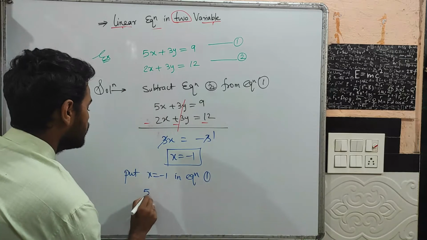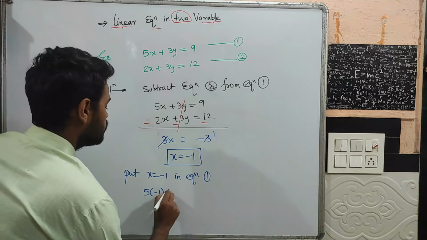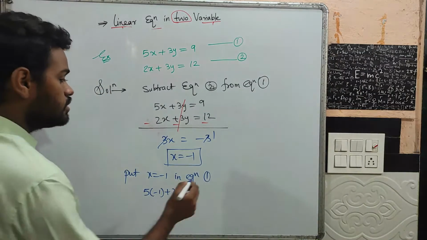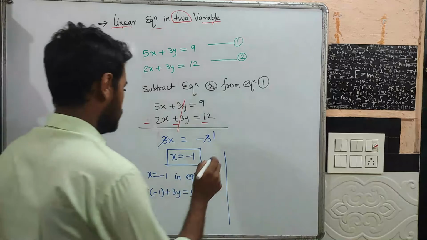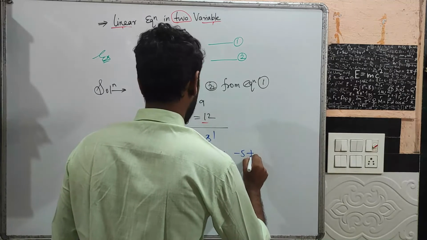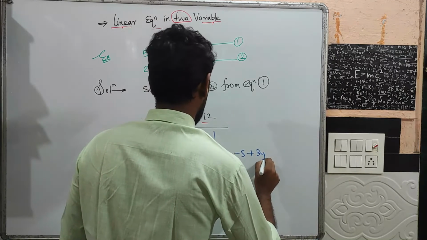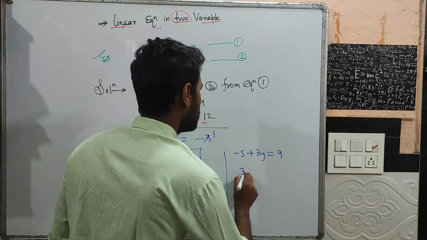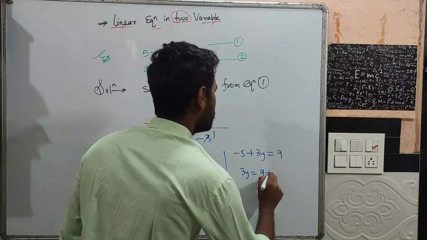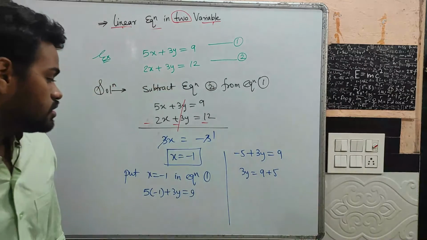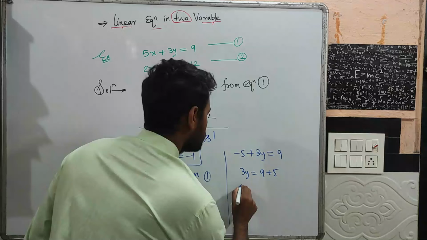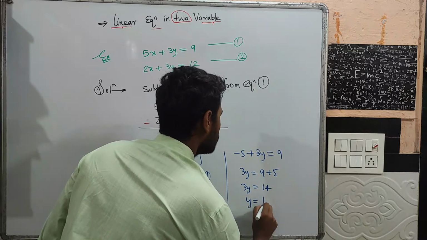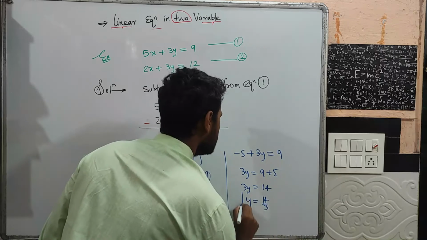So 5 times minus 1 plus 3y equals 9, that is minus 5 plus 3y equals 9. I'll take this to the other side, so 3y equal to 9 plus 5, because minus 5 goes to the other side and becomes plus 5. So 3y equal to 14, and y equal to 14 upon 3.